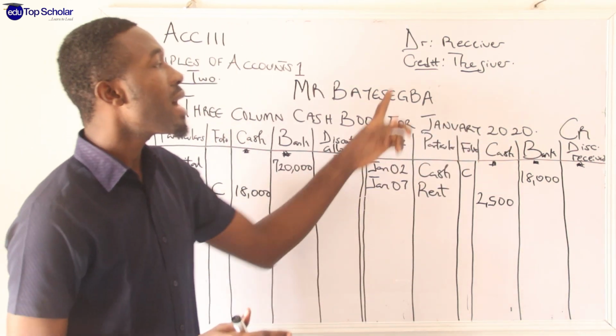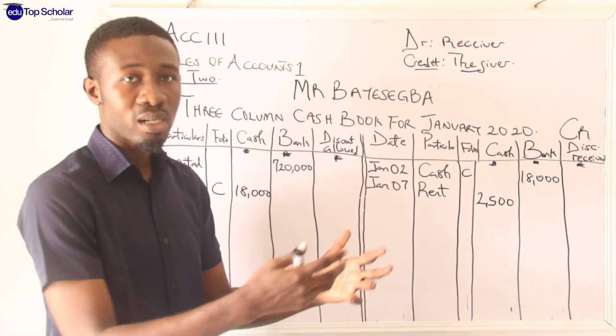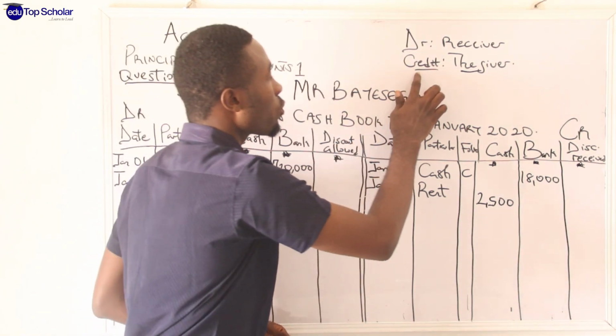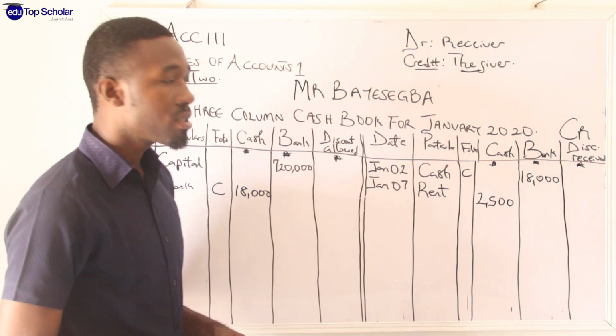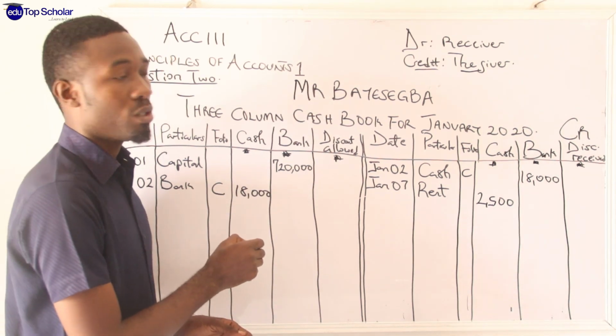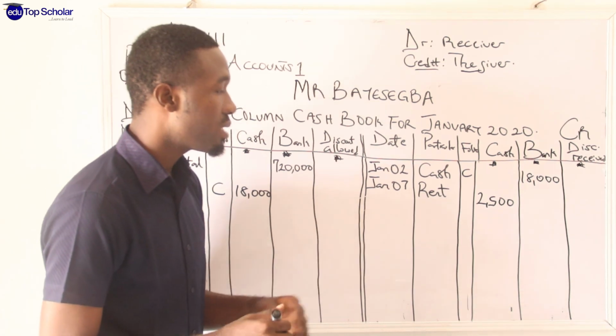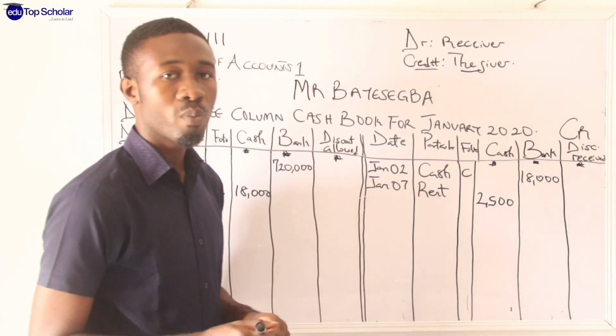And we said that whenever the business is giving out money, cash transactions, the business will be credited. In this case, the money is going out of the business, so it won't be a contra entry. So identify whether we are the giver or the receiver, and that will determine where that transaction will be recorded.